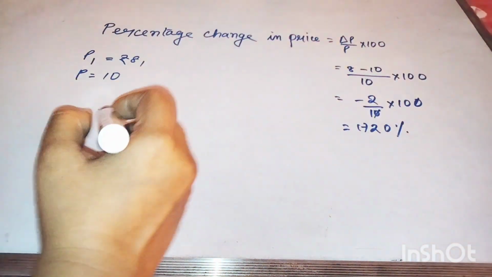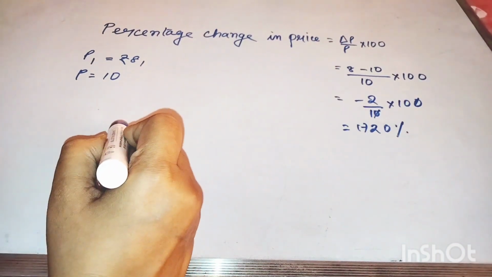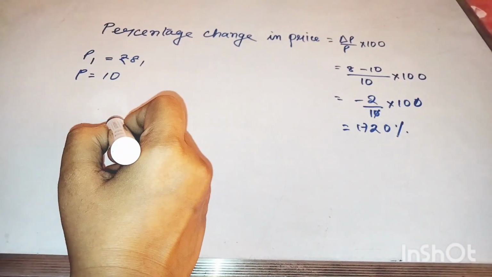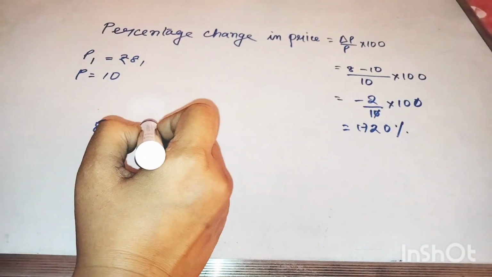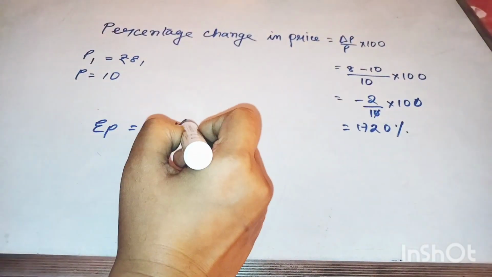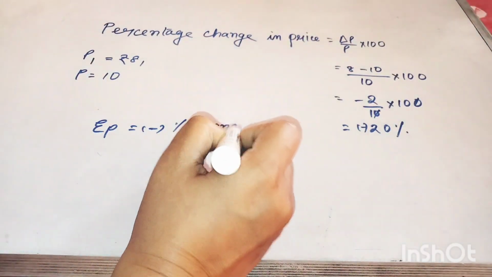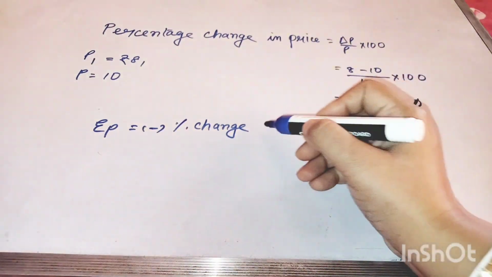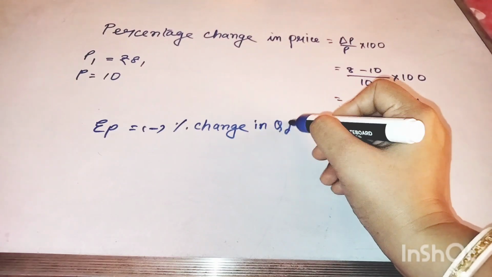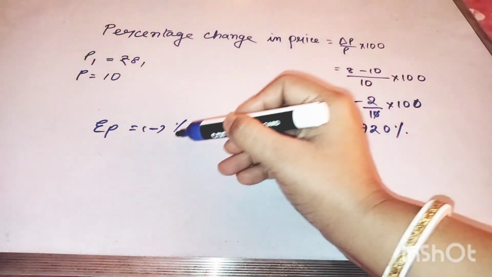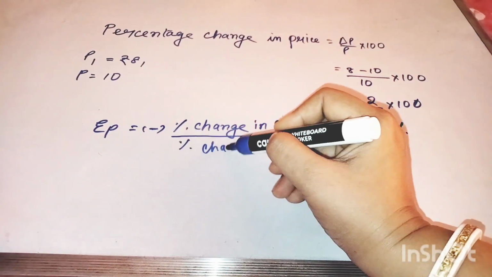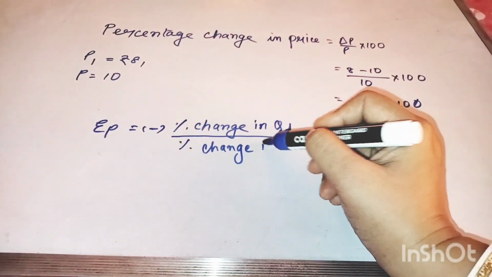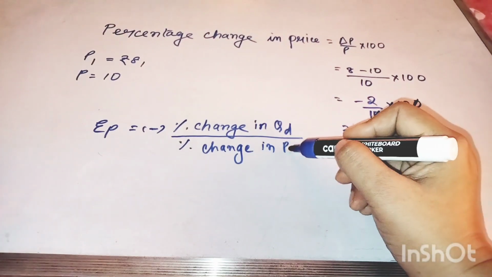Now we are going to apply the percentage formula, that is, price elasticity of the demand. That means percentage change in quantity demanded by percentage change in price.